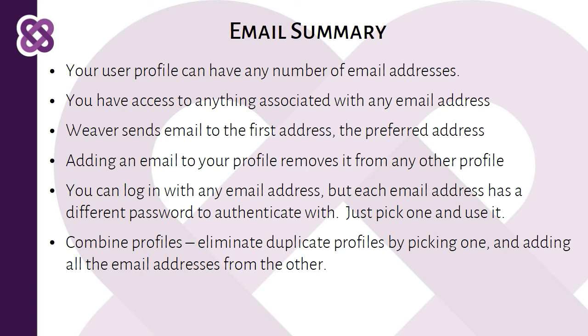Weaver sends email only to the first address, the preferred address, so set that address to be the place where you want to receive the email. Adding an email address to your profile will remove it from any other profile. You can log in with any of those email addresses, but each email address has a different password to authenticate with it. So it's just easier to pick one and always log in with the one. You have full capability to access everything with that one profile.